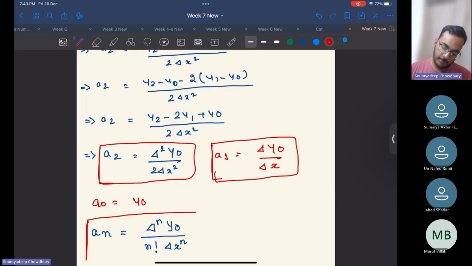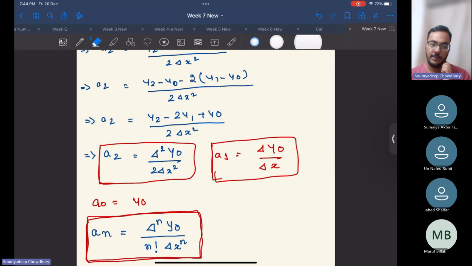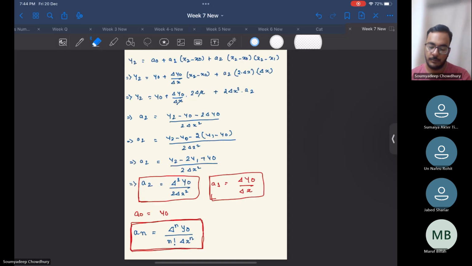So this is my formula from the Newton divided difference: the nth order forward difference of y0 upon n factorial into del x power n. Is it clear? Any difficulties to understand? Just 5 minutes, I'll just come back.